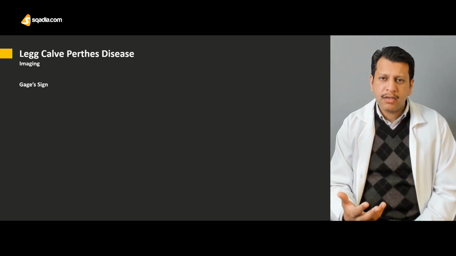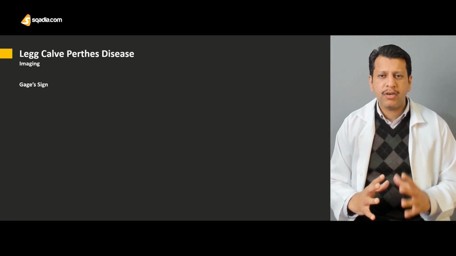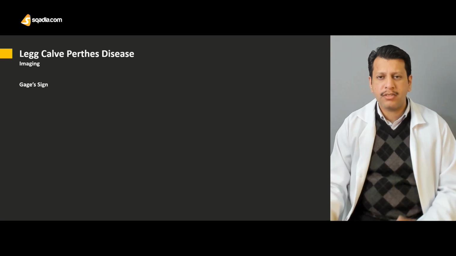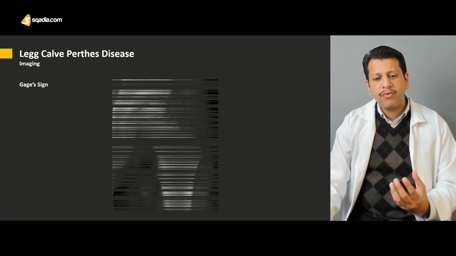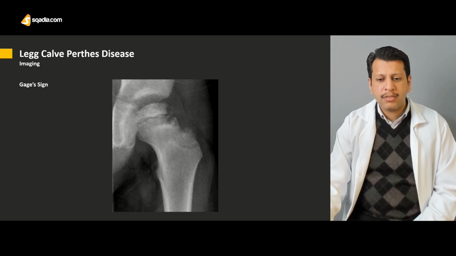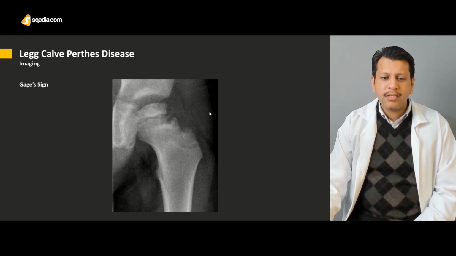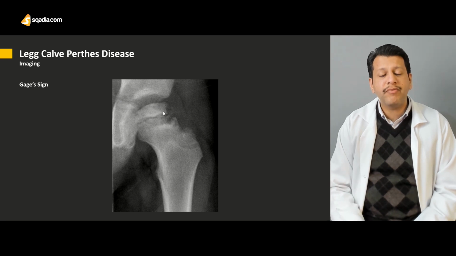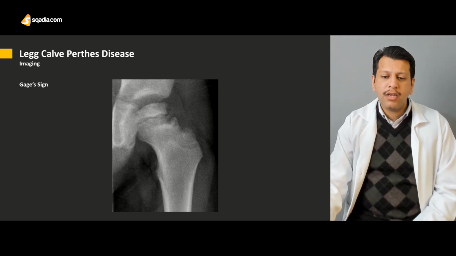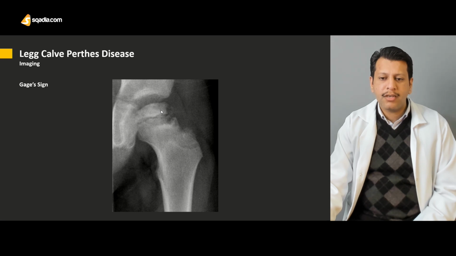Once we have made our differentials, we go for X-rays and other hematological workup. On X-ray, the classical sign for LCPD is the gauge sign. It's also called the V sign. If you see clearly over here, this is the acetabulum, this is the head, this is the medial pillar, and this is the lateral pillar.